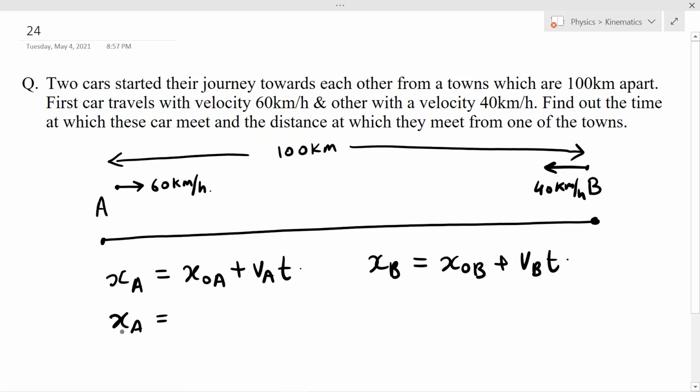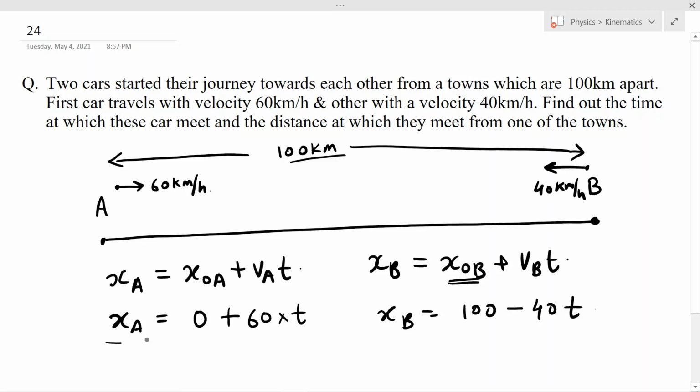So xa will be x0, which is 0, plus va, which is 60, times t. And xb will be 100, because the initial position for point B is 100 km, minus 40, because this velocity is in the opposite direction, times t.